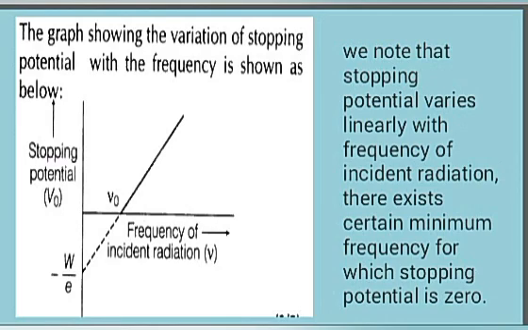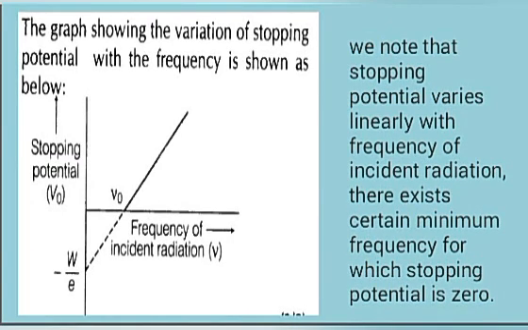Here, as you know, below the threshold frequency, no photoelectric emission takes place. At threshold frequency nu naught, stopping potential is 0. In the graph, we can notice that at threshold frequency nu naught, stopping potential is 0.